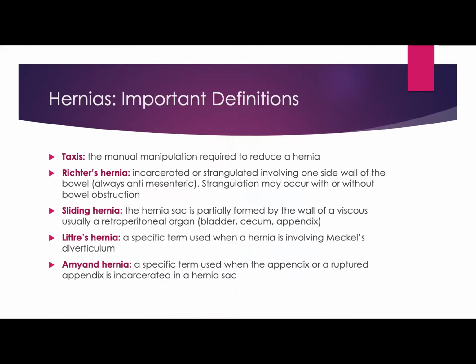Littre's hernia is specifically related to Meckel's diverticulum, and an Amyand hernia is specifically related to the appendix. Any hernia which has the appendix inside, whether intact or ruptured, is considered an Amyand hernia.